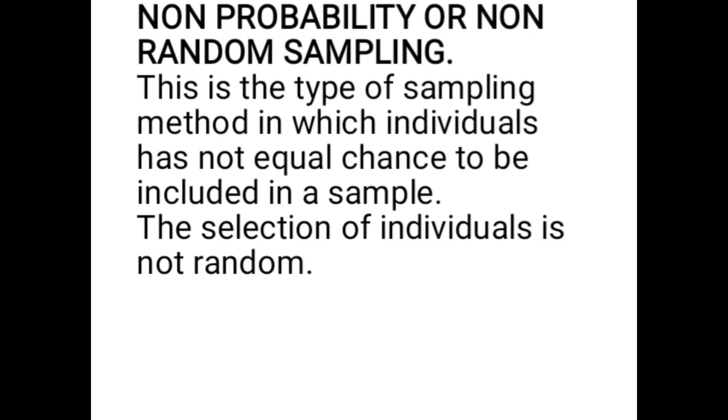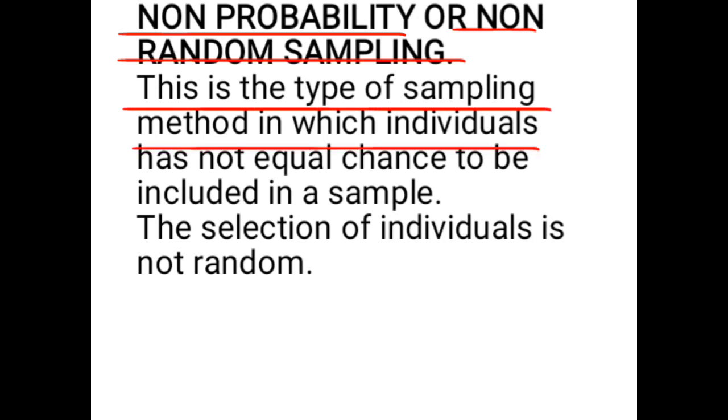Let's start another type of sampling method, which is non-probability sampling or non-random sampling. What is non-probability sampling? This is a type of sampling method in which individuals do not have an equal chance to be included in a sample. Remember, under probability sampling, we said every individual has an opportunity to be included in a sample.